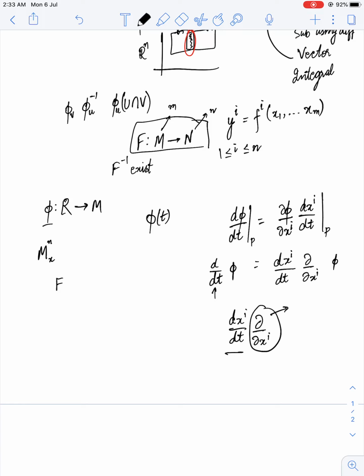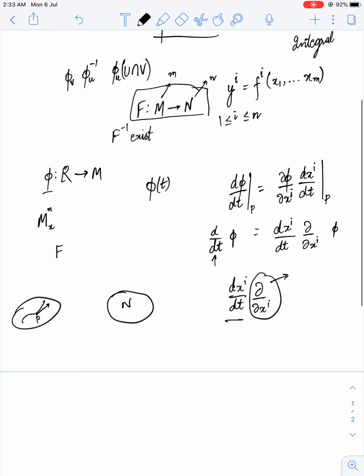Now you take a point and a curve in M, and define a tangent at P. You operate f on this, and you want to see how this tangent is imaged in N. For that we need the idea of a differential.